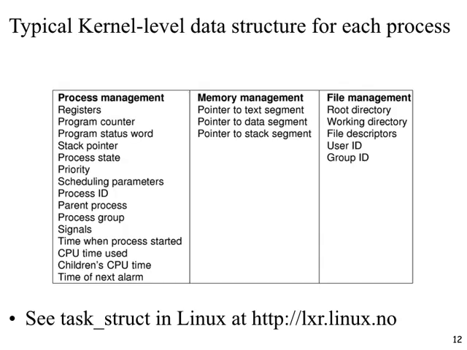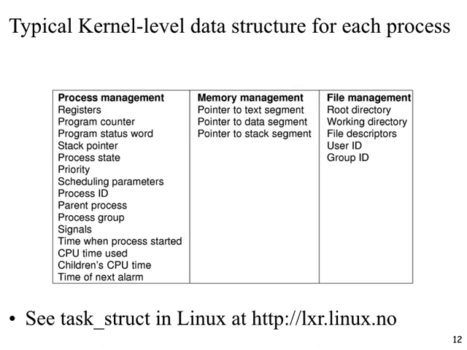This slide here shows a typical process state, typical kernel level data structures that are maintained for each process. Now you don't have to memorize everything, but just remember the main components. For example, in the process management context, you have registers, program counters, stack pointer, the privilege level, and so on.